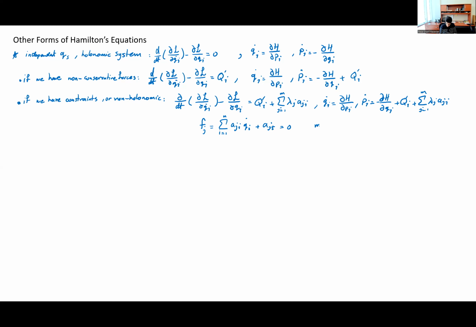We have m of these equations, and together with the 2n equations we solve for all the q dots, p dots, and lambdas. This equation is valid and needed whether we are working with the Lagrange or Hamilton set of equations.